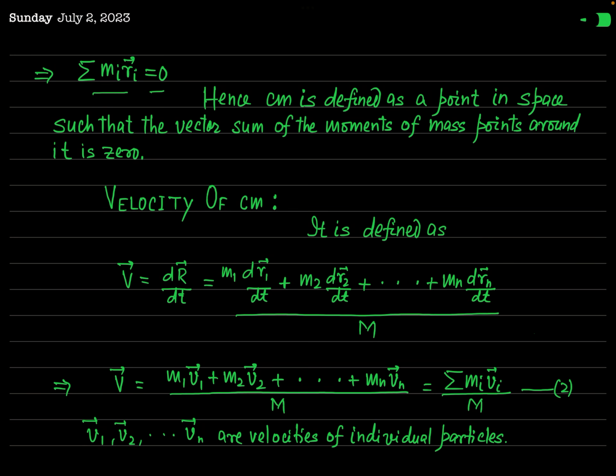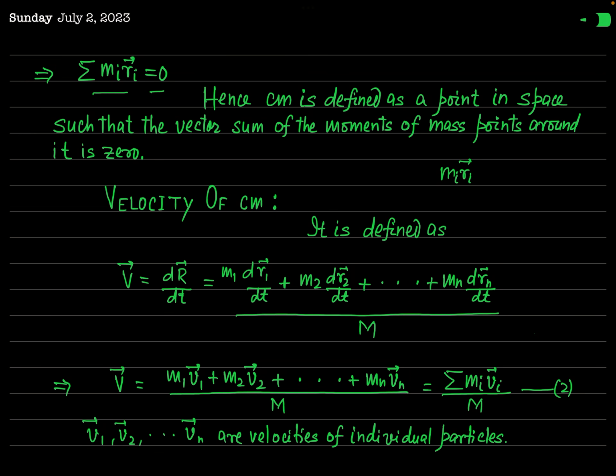Now see, what is this summation mi Ri? Actually, when you multiply mi Ri, you get the moment of mass of the ith particle with respect to the center of mass.